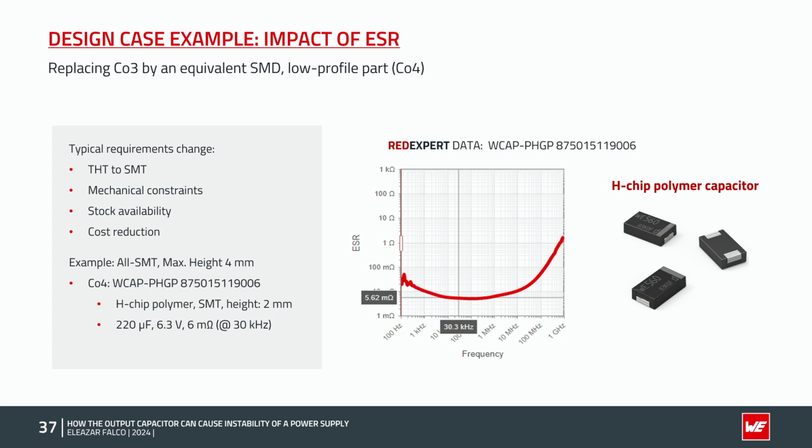In this case, an H-chip polymer capacitor with a height of only 2 millimeters, the same capacitance value of 220 microfarad, but a lower ESR of around 6 milliohm, which should actually come as an advantage. We will refer to this H-chip capacitor as CO4 moving forward, and we will replace CO3 with it to meet the new requirement.